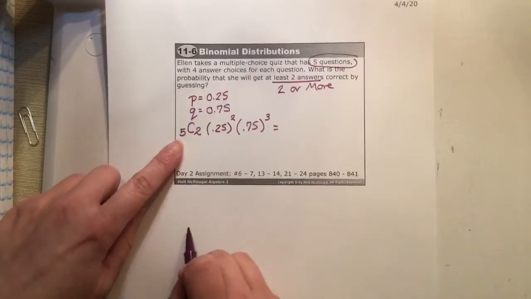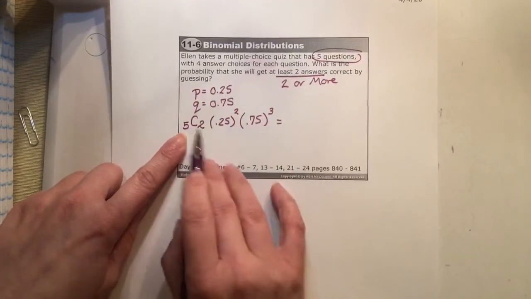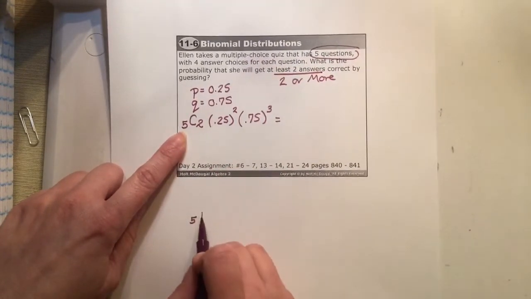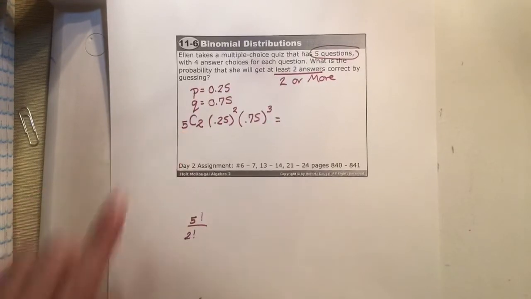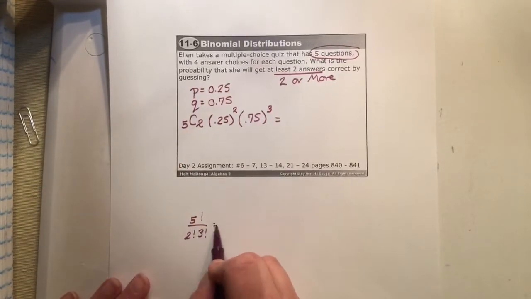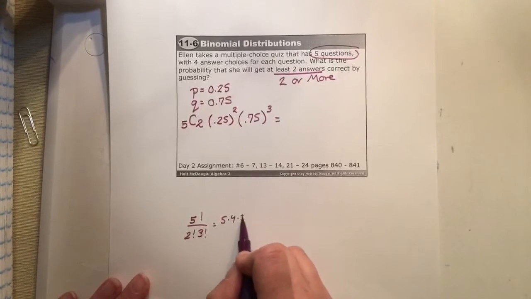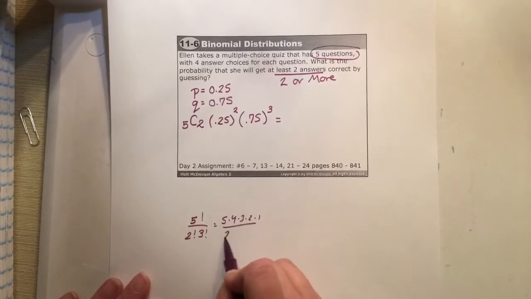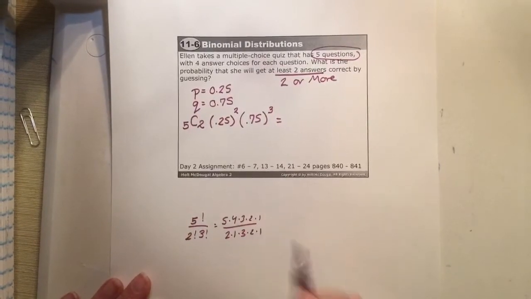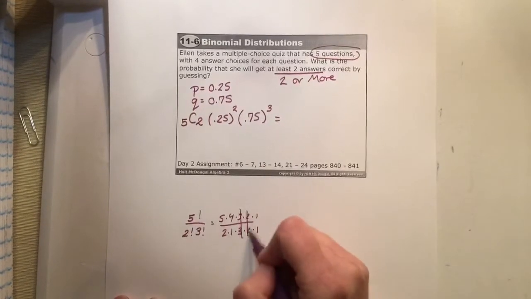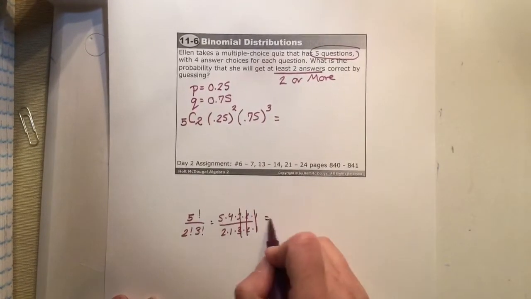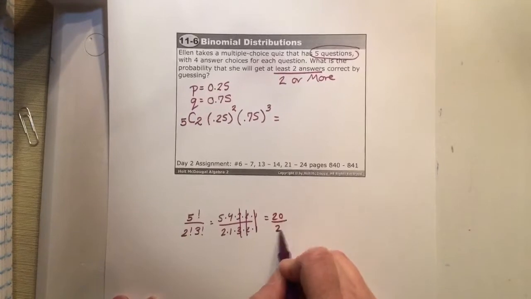So I have to go ahead and calculate this. My combination, 5 choose 2, is 5 factorial over 2 factorial times 5 minus 2, which is 3 factorial. So it's 5 times 4 times 3 times 2 times 1 over 2 times 1 times 3 times 2 times 1. Well, the 3, the 2, and the 1 cancel. 5 times 4 is 20. 2 times 1 is 2.